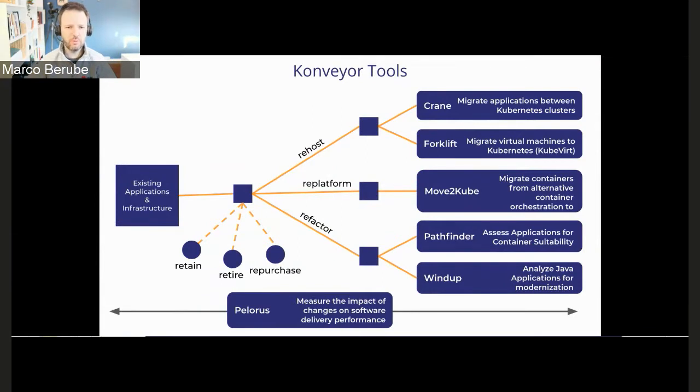Move2Kube is about replatforming, and then Pathfinder and Windup are tools to help you refactor. But at the end of the day, each legacy application that you need to modernize would typically fit in one of those strategies, which can then be helped by those tools to port them or move them into a Kubernetes platform.